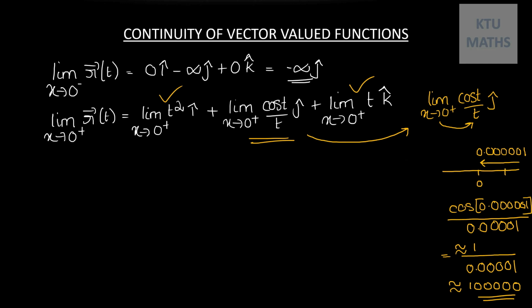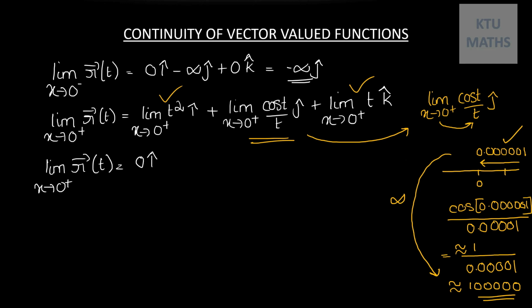Then the logic says that if this value is extremely small, then the result will tend to infinity. Then we can write it down. Right limit x tends to 0, vector r t will be equal to 0 i cap plus infinity j cap plus 0 k cap. The answer will be infinity j cap.